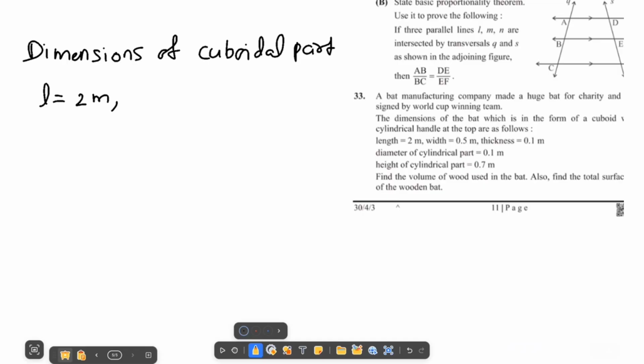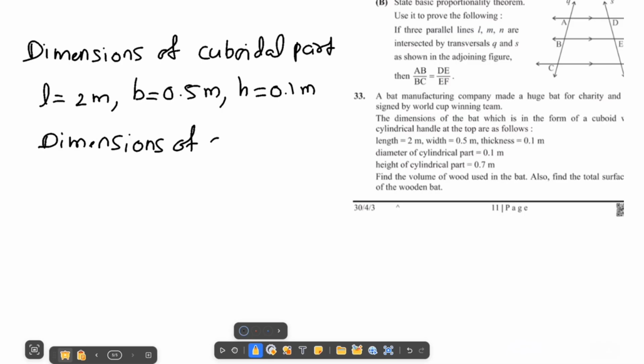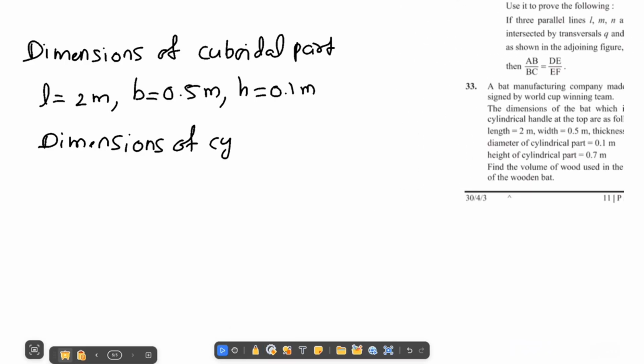Width is nothing but breadth, b, given as 0.5 meters. Thickness or height is equal to 0.1 meters. And the dimensions of the cylindrical part.